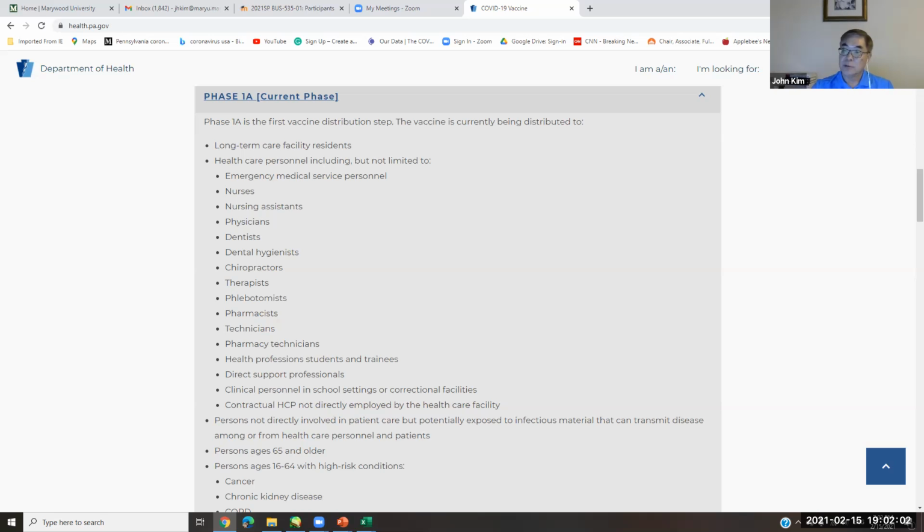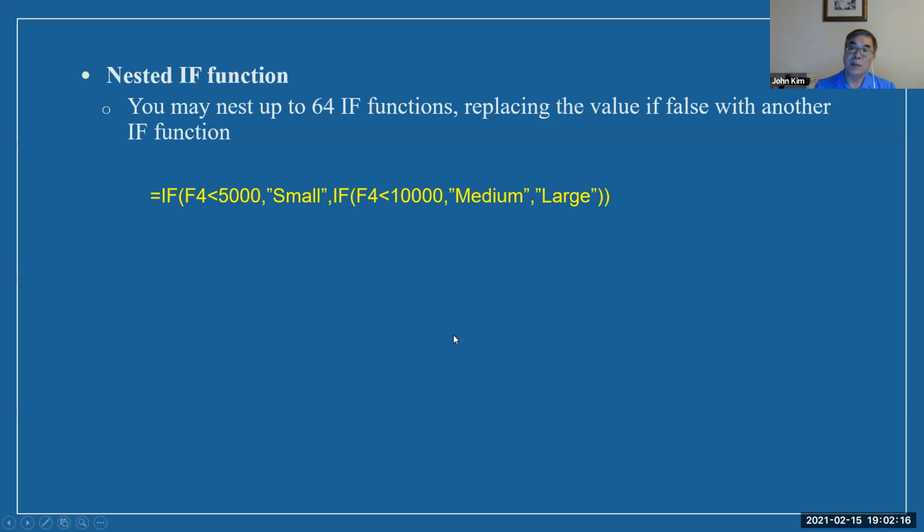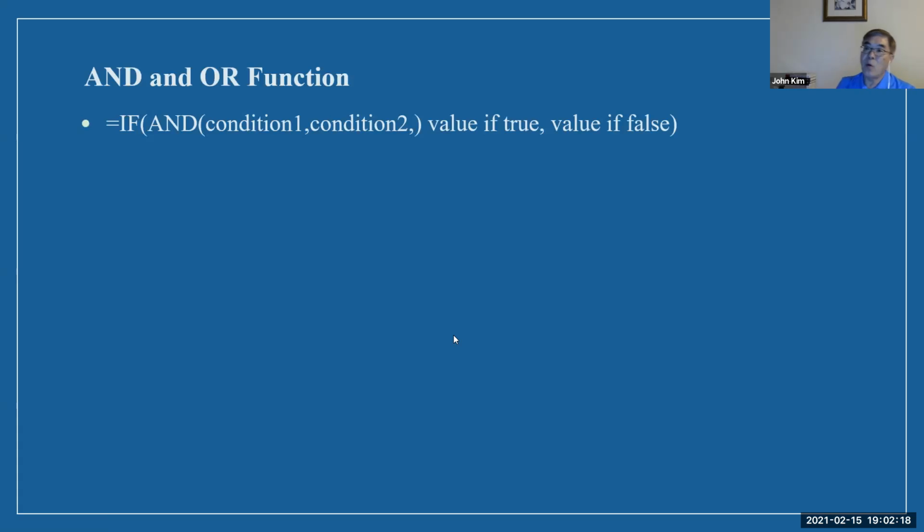In that case, we need multiple conditions, then we may use AND or OR function. So combined with the IF function, we can use the AND function and OR function.